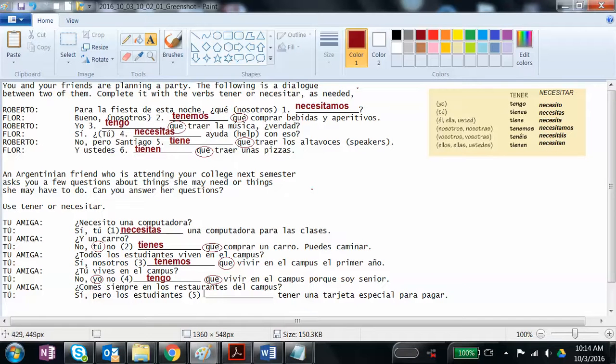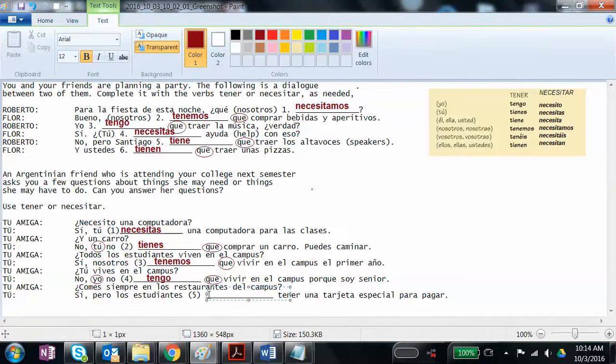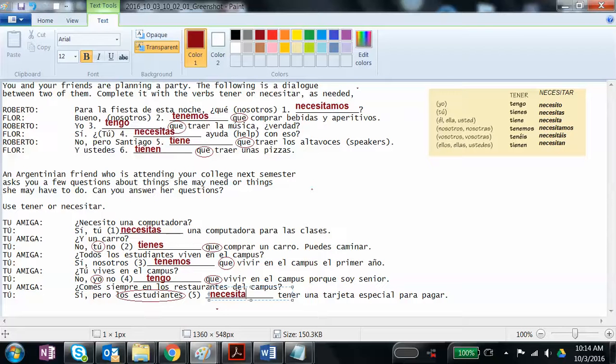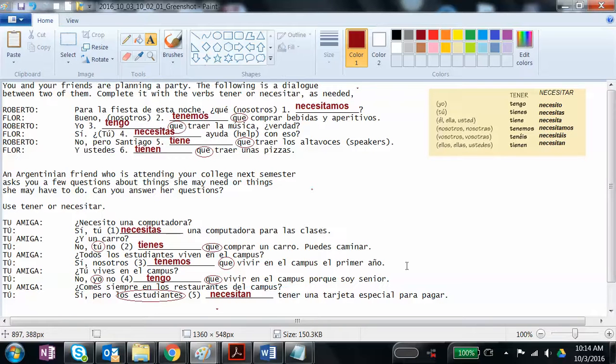Sí, pero los estudiantes blank tener una tarjeta especial para pagar. Because it's the infinitive and there's no que, you're going to want the necesitar. And los estudiantes is the same thing as ellos, and the ellos for necesitar is necesitan. So, los estudiantes necesitan tener una tarjeta especial para pagar.